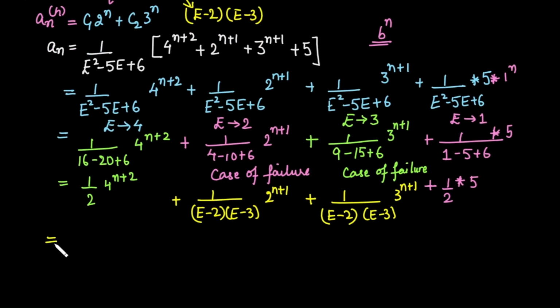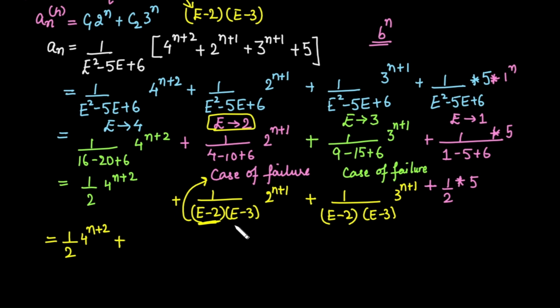So we can write this number as it is, 1 by 2, 4 raised to power n plus 2. In this case, due to this factor, it is getting a case of failure. So here we will apply the concept of case of failure, and here we will replace e with 2.